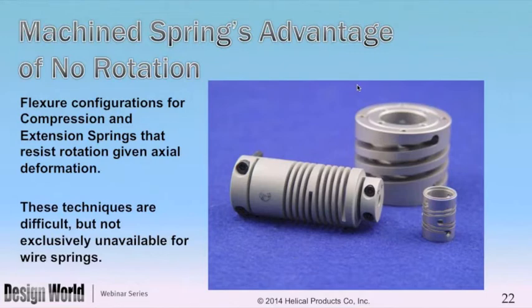And you can see threaded attachments in the ends, and these things, when put together, act with no moment at all when they're compressed or extended. Now, I suspect as you go to the limits of extension, that will maybe become invalid, but you may also have a broken spring at those limits. Okay.